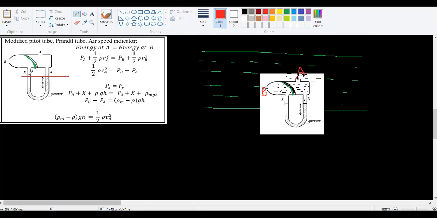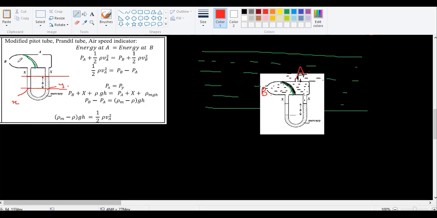What I meant was this height is X and this height is X. And this line, if I draw it over here, this location is small x, this location is small y. So in a given liquid, if I draw a straight line, you know that the pressure at this point is equal to the pressure at this point.